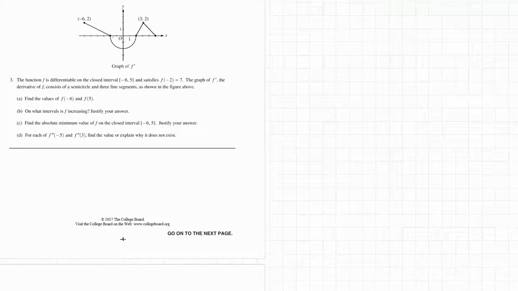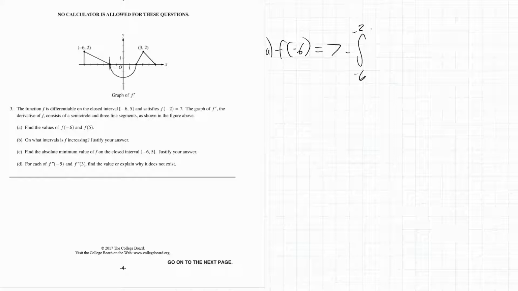So we know that the graph is of f prime, and we must first use our reference point. So all points start with 7. We'll start with f of negative 6 equals 7, because that's what we have right here. And then for this one, we need to subtract the integral from negative 6 to negative 2, which is the point we're looking for.